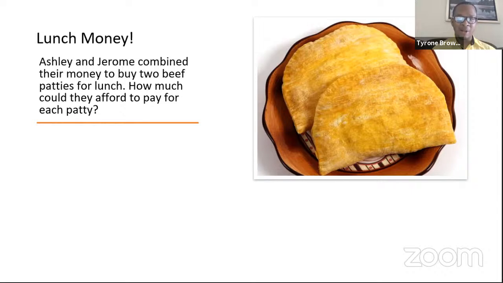You're saying the maximum is 200, but would they be able to afford less than 200 each? So that's the question. Chevelle, or Serena, or one of those who said something apart from 200, let's hear your thinking on why it is possible for them to afford patties costing 100 or 180 or other figures apart from 200.